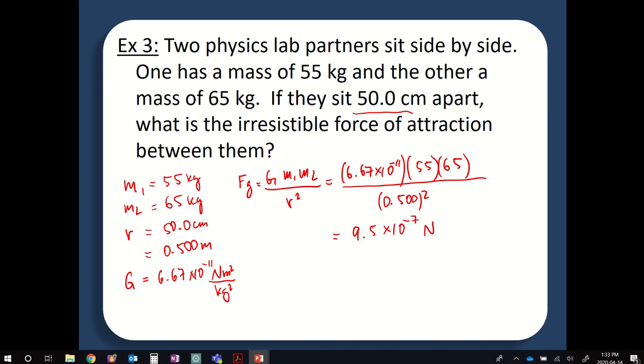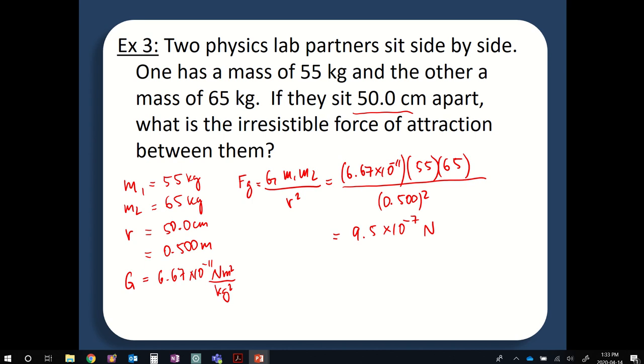So again, very tiny force here. This just goes to show you that on a microscopic scale, the force of attraction between two masses, two people, two cars, whatever, is going to be very small because the masses have to be really, really big to actually make a difference. This is so small, it's basically negligible.